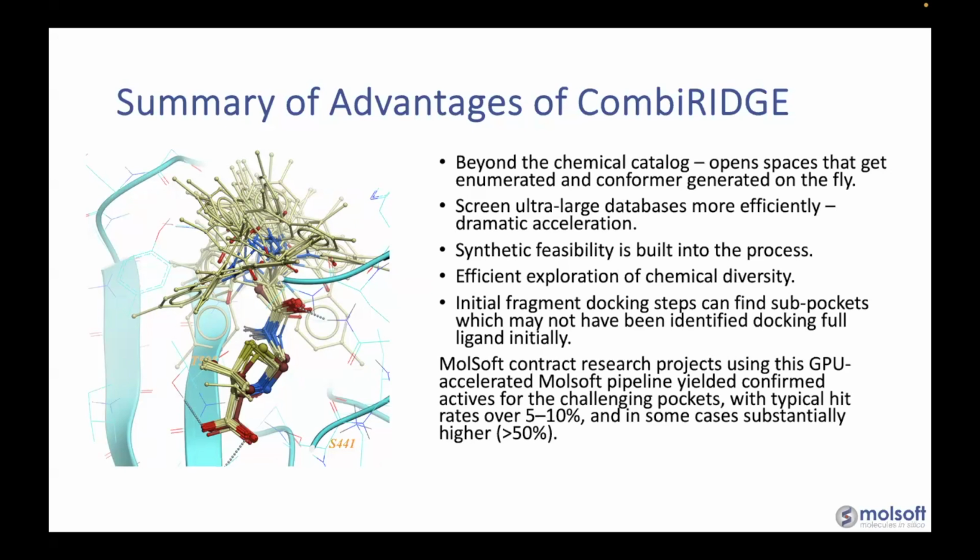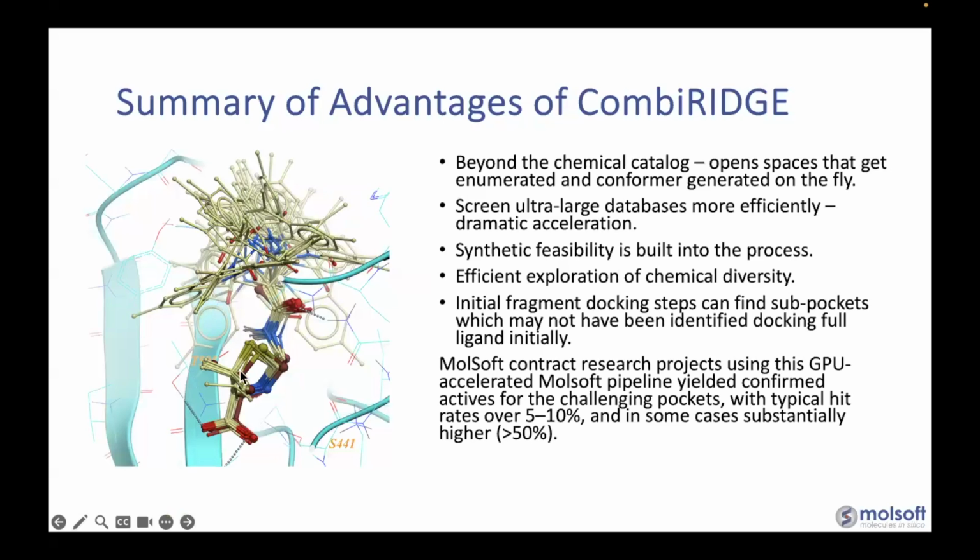The approach also supports efficient exploration of chemical diversity. And we're seeing this a lot in our contract research projects that we run here, that you identify new chemistry. It's possible for many reasons, but one reason may be that the initial fragment that you're docking, the anchor, can identify sub-pockets within the binding site which may have been overlooked when docking the regular full-sized ligand.